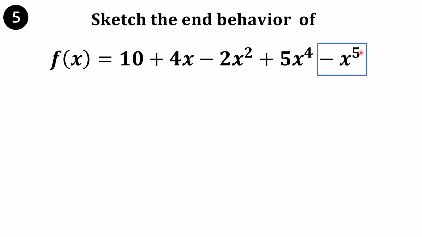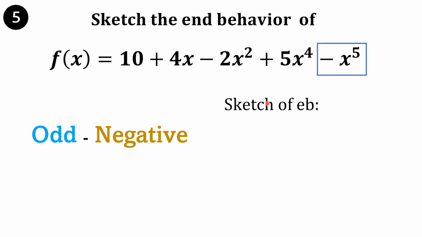The degree is 5, it's odd, and the leading coefficient is negative. So it's an odd negative. The sketch of the end behavior is like this. Rises to the left and falls to the right.